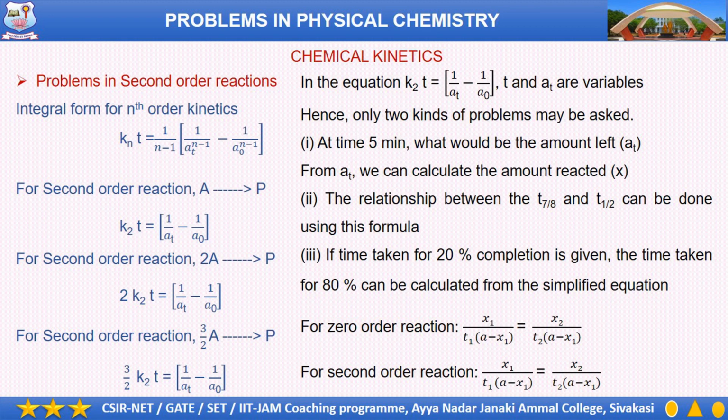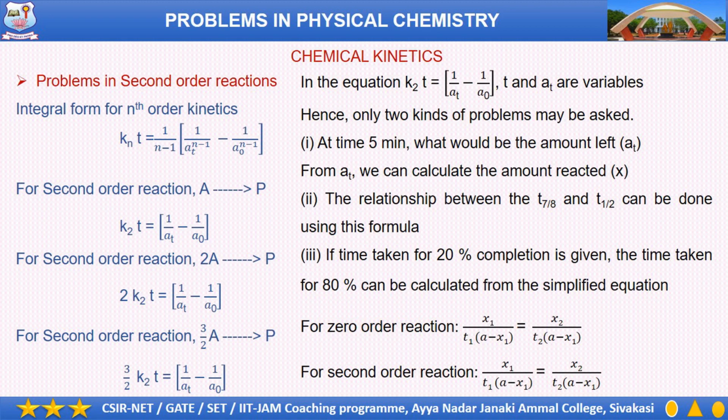However, if time taken for 20% completion is given, what is the time taken for 80% completion, or if 10% is given, what is the time taken for 55% completion? For this, the equation can be simplified. It should be made a shortcut, and you can make use of that formula for calculating this type of problem.